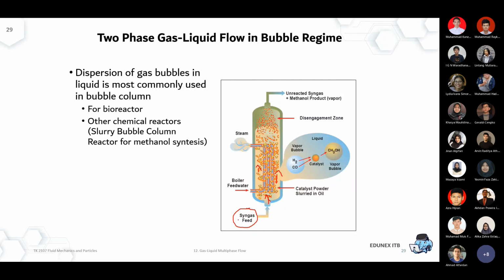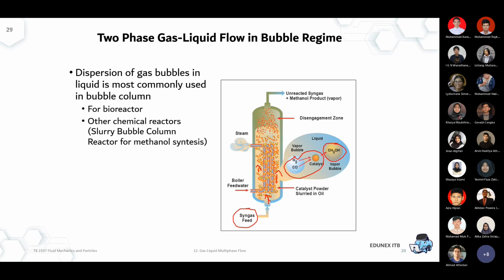And then in the reactor part, you can see that syngas is a mixture of hydrogen and carbon monoxide, and because of the presence of the catalyst, it will accelerate the reaction, and then it will form some methanol.